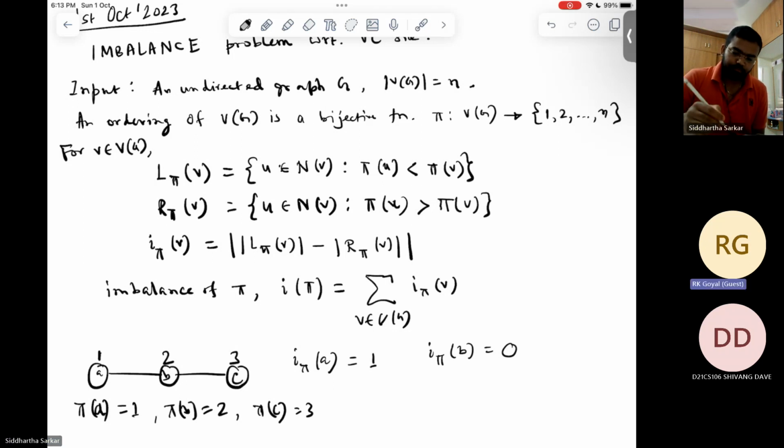Yes. And I was just thinking that even though this could be the imbalance problem, is there any other problem in which instead of taking the count of the vertices, we take their values? I mean the actual values.